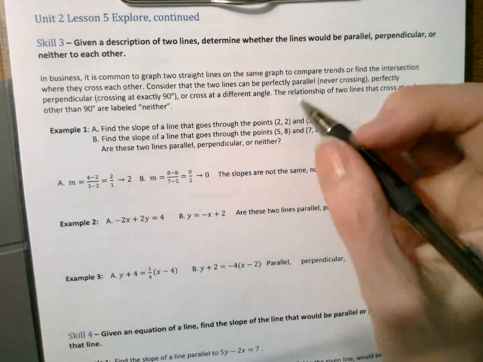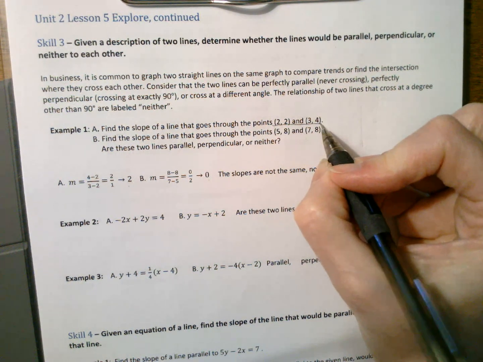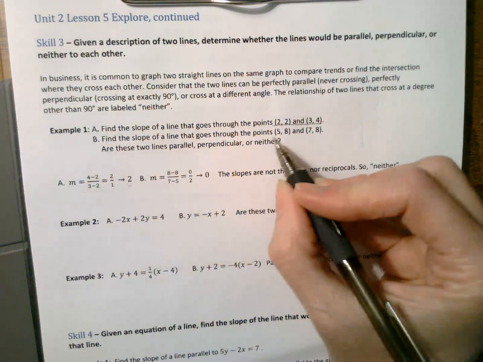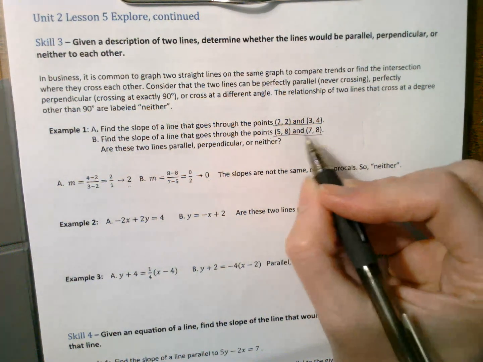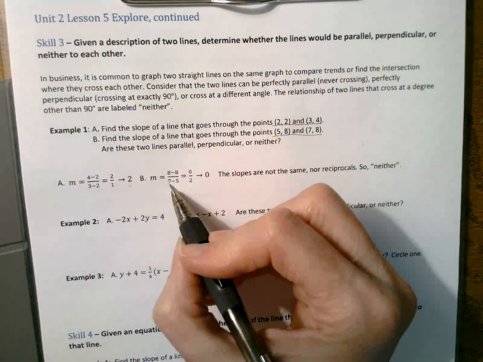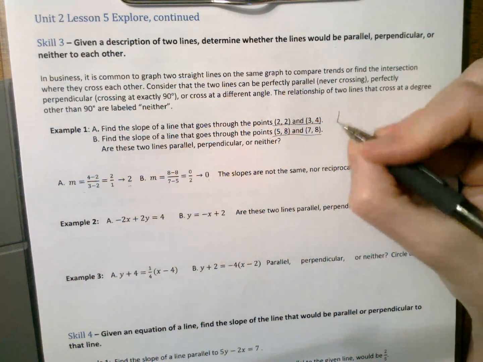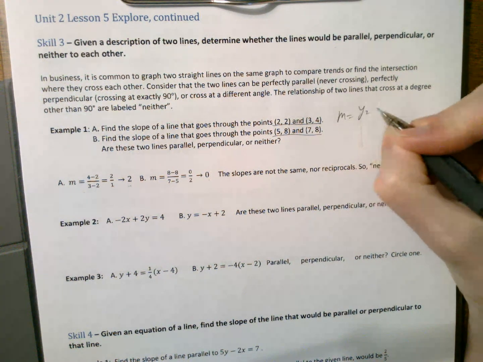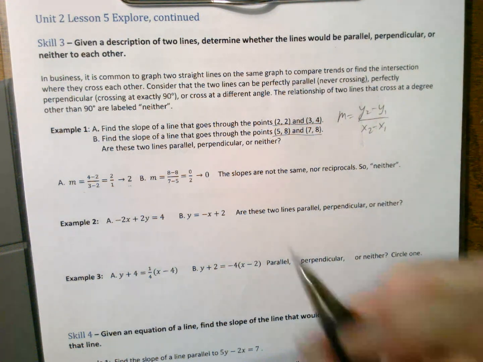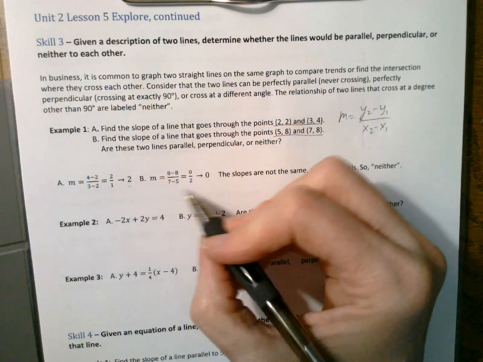So if you're given 2 points, put them in the slope formula and solve for your slope. Remember, m equals y2 minus y1 over x2 minus x1, right? Label these and plug them in.